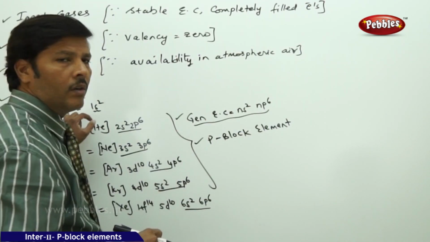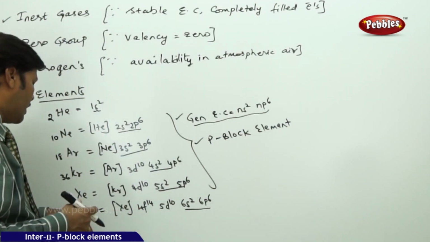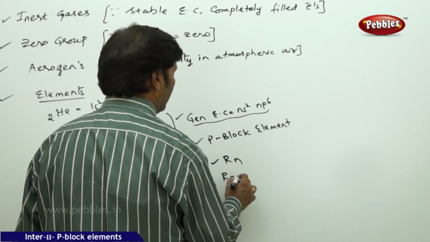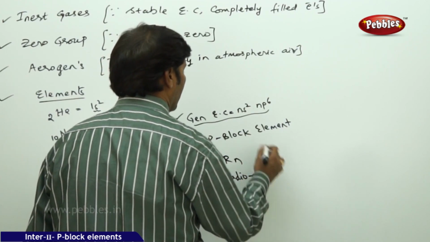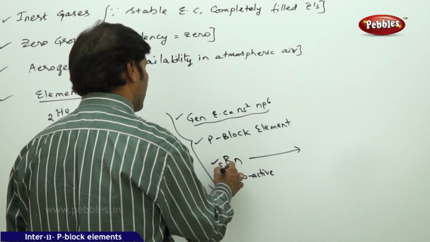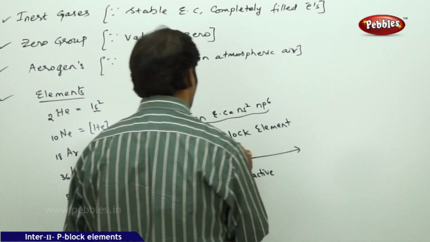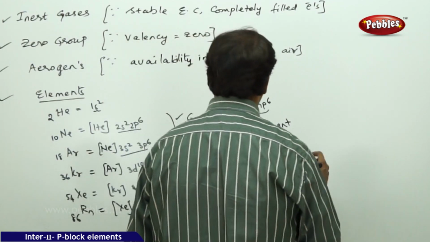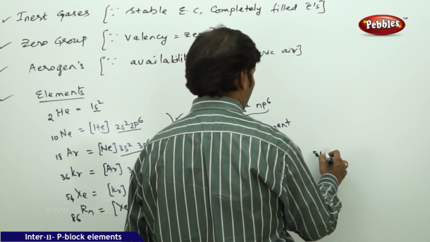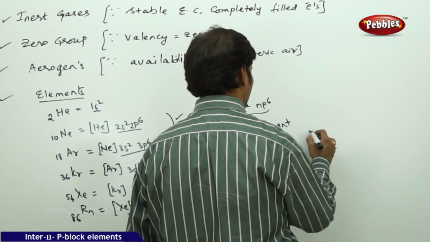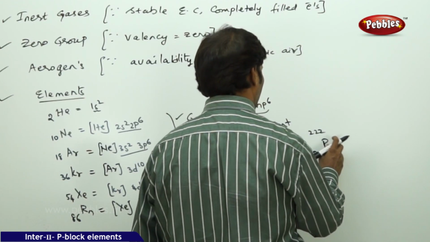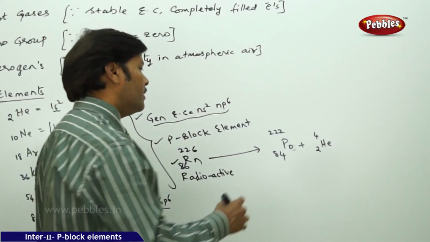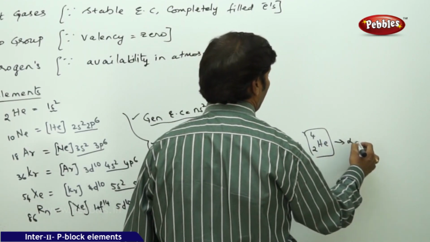But even helium you cannot directly ionize. Helium originates from radioactive substances. Radon is a distinctly radioactive element, and it undergoes radioactive disintegration, emitting an alpha particle. For example, radium 226 emits an alpha particle to give polonium 222 plus 2He4, which is the alpha particle.